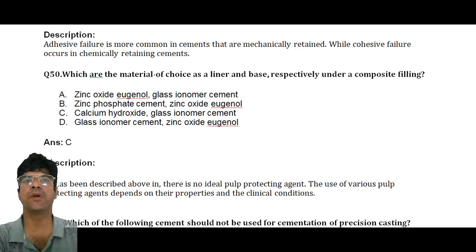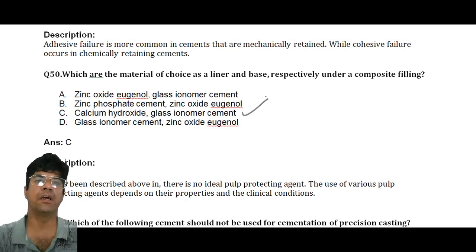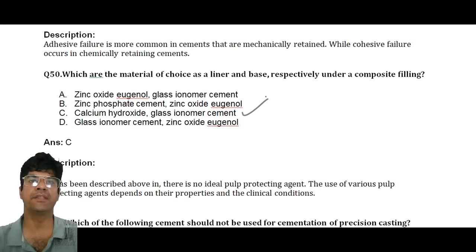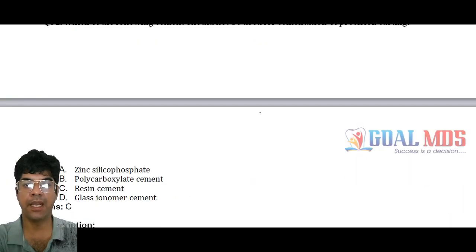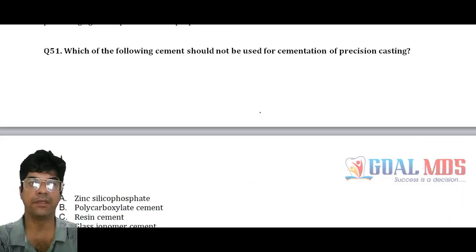What are the materials of choice as liner and base under composite filling? It's calcium hydroxide and glass ionomer cement. So they are most commonly used as liner and base under composite filling.